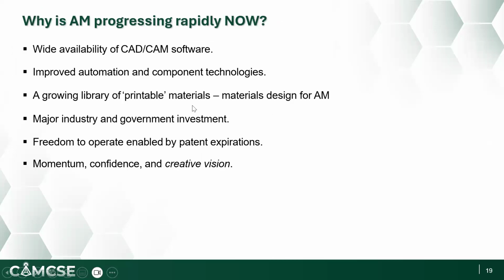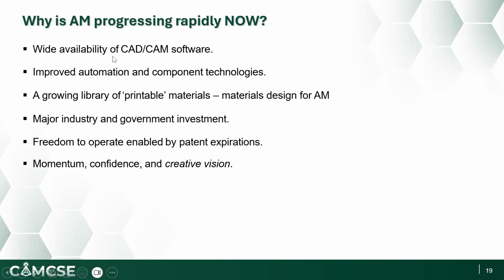So now a question is, why is additive manufacturing progressing much more rapidly now versus 30 or 40 years ago? If you look at the technology involvement, you will see that there are many advancements in terms of both software and hardware. Certainly there's wide availability of CAD and CAM software developed in the past 30 or 40 years, right?